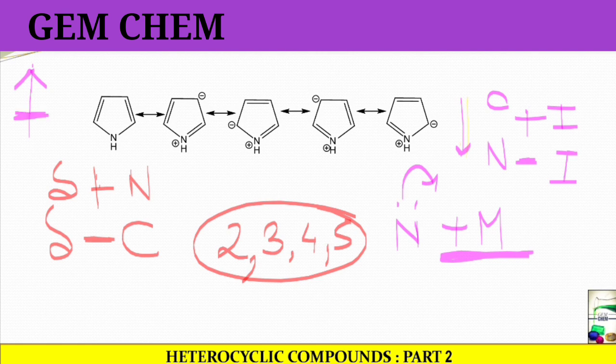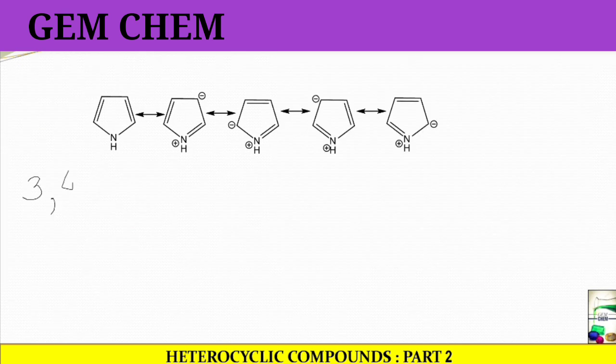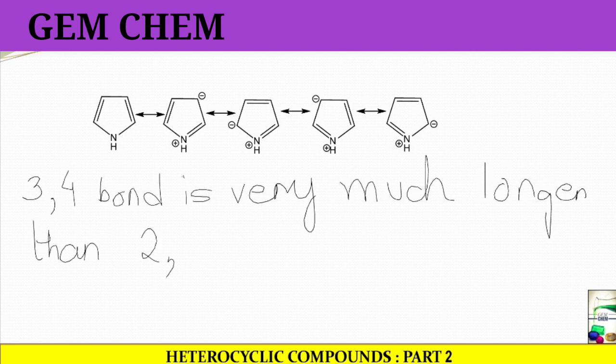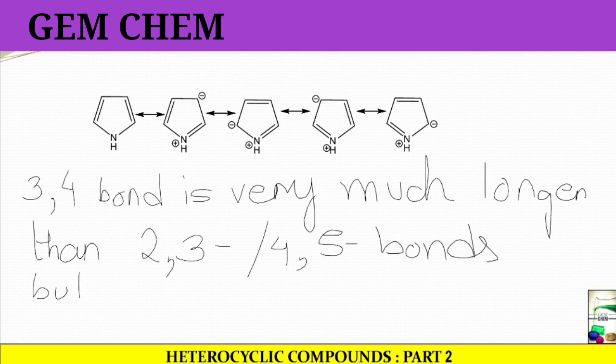And if we consider the lengths of different bonds, the 3,4 bond is very much longer than the 2,3 or 4,5 bonds, but appreciably shorter than normal bonds.